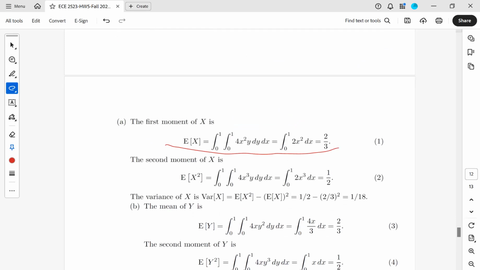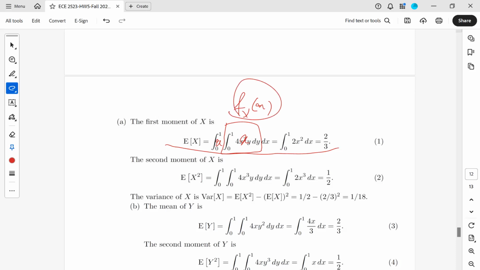So this part here is actually f of x. How do we calculate f of x? You could do that individually, like first calculate the marginal PMF for X and Y, or like in this solution, you could merge these steps together. Okay?